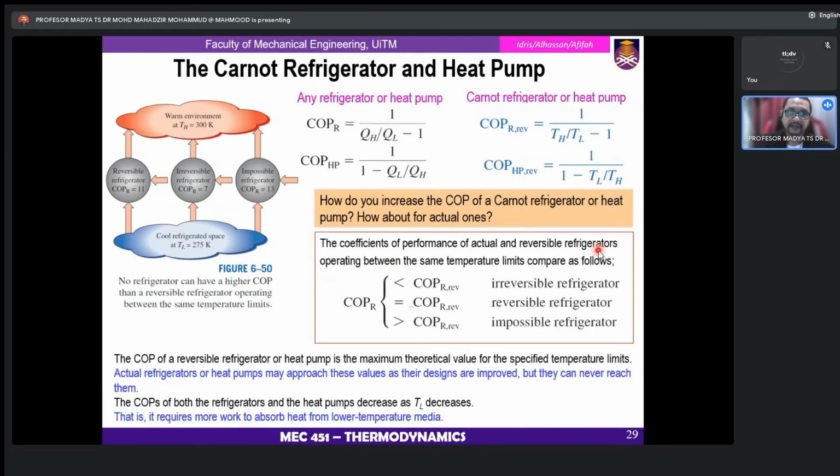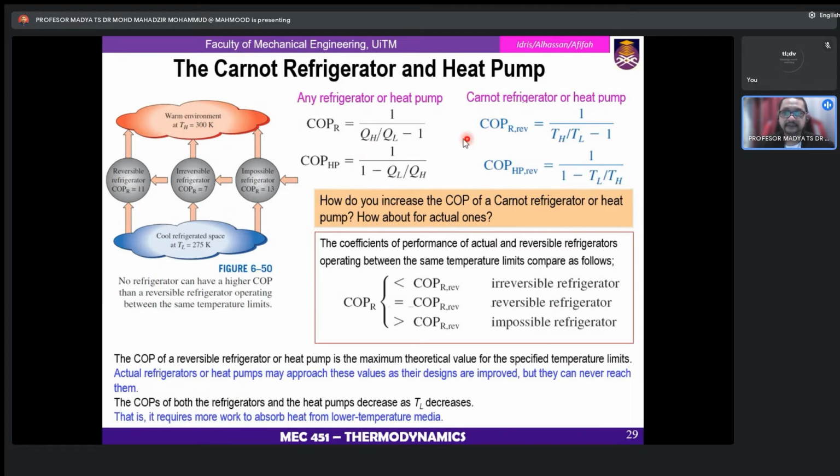Now we look at the Carnot refrigerator and heat pump. This is the reverse Carnot cycle. For any refrigerator or heat pump, we can find the performance using the COP, the coefficient of performance for a refrigerator and also the coefficient of performance for a heat pump.